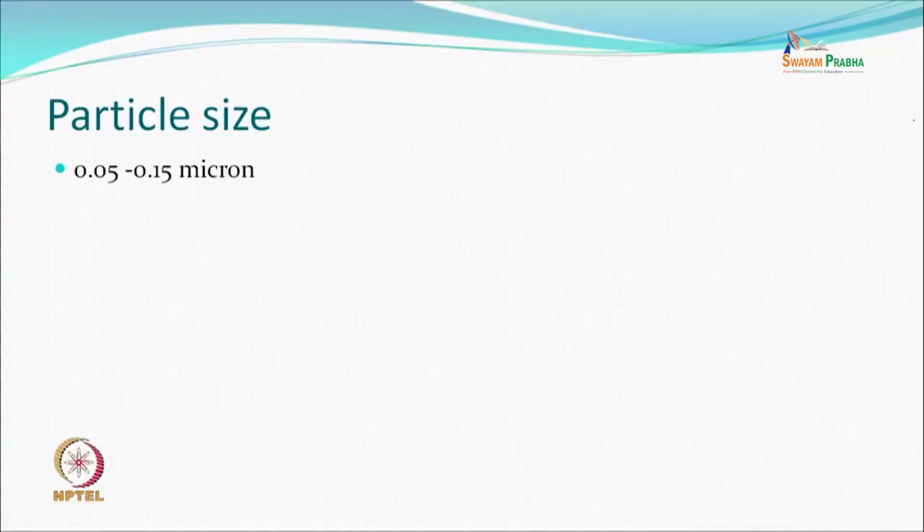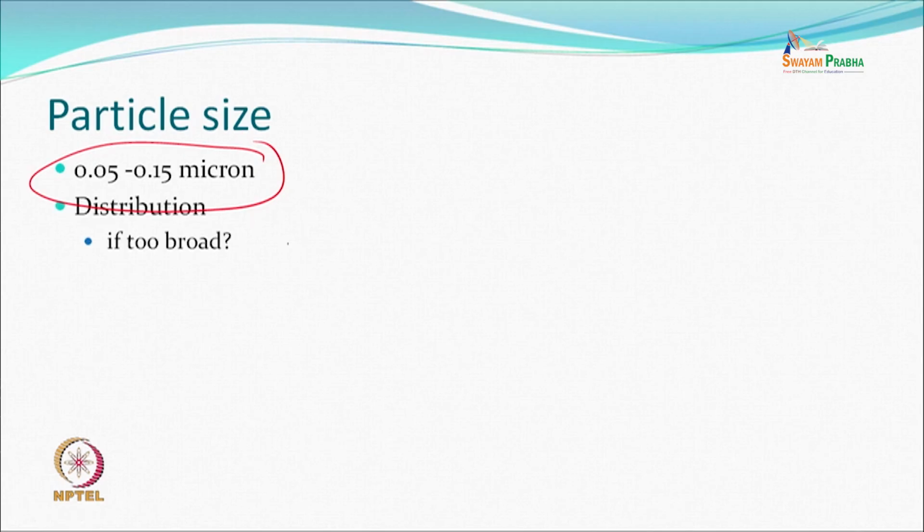Now, what is the particle size we are looking at? Approximately 0.05 to 0.15 micron size. It is a small size, so that it should be able to come out of the nozzle without any hindrance.